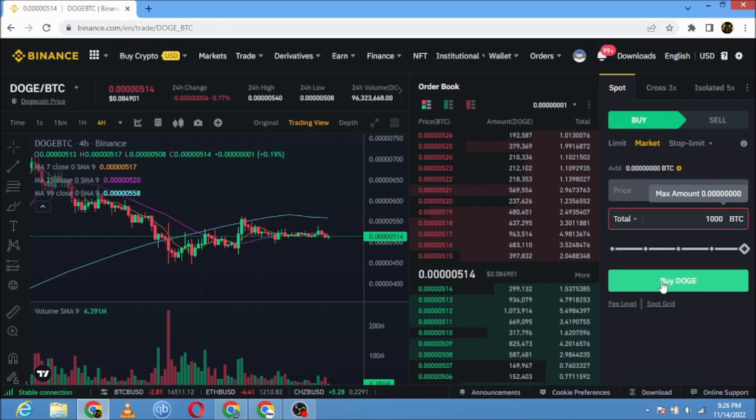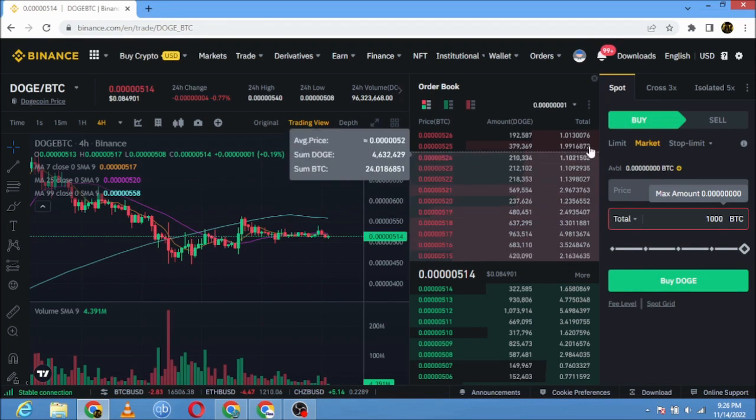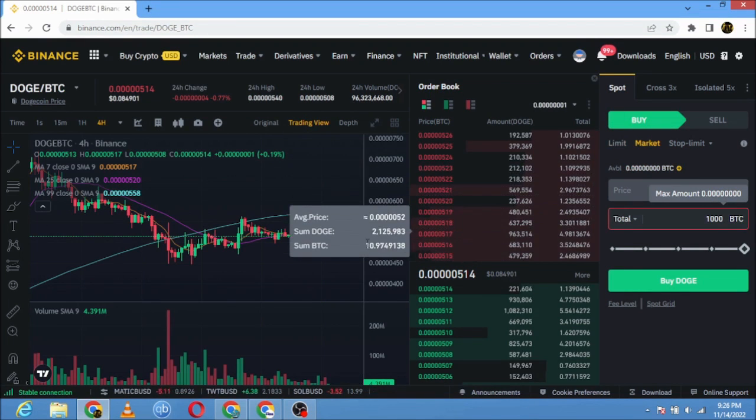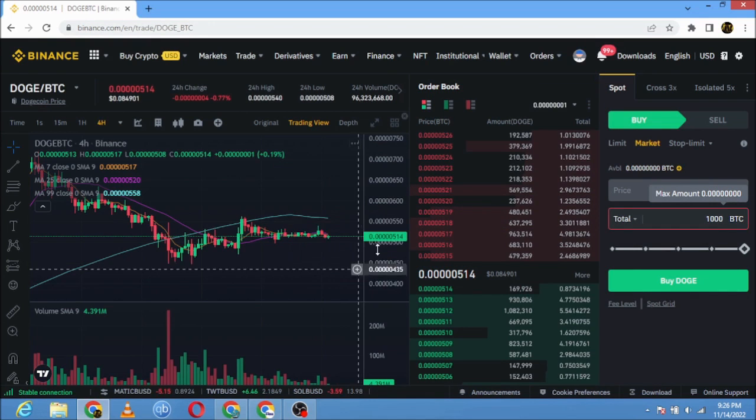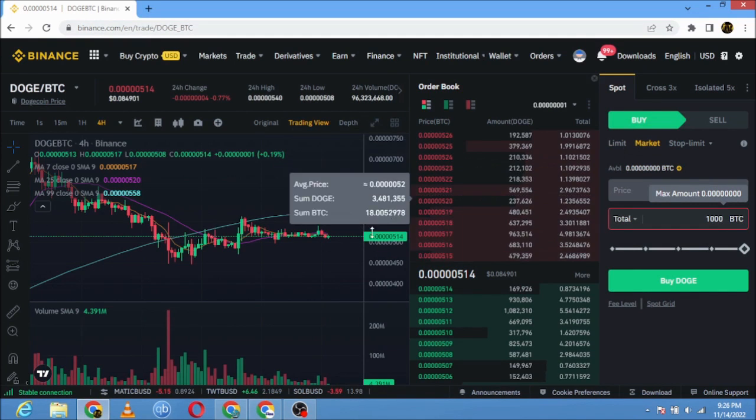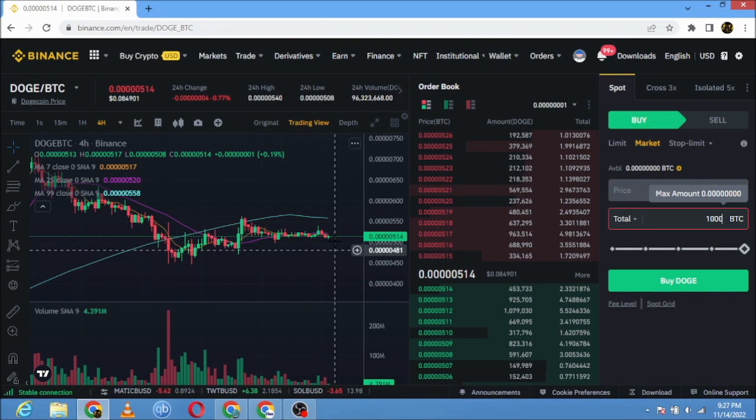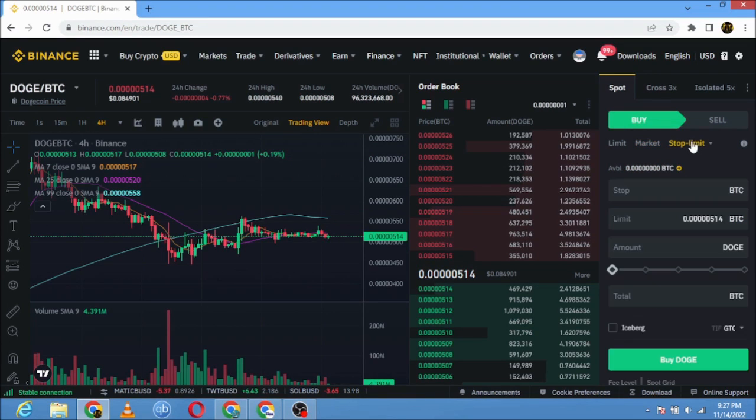Once you press here, it will go with the same price, unlike the limit where we have set the price at 500, but for the market, exactly when you press, it will buy there and then. Once that order is placed, Binance will charge you some small amount because that order is immediate. That's all.